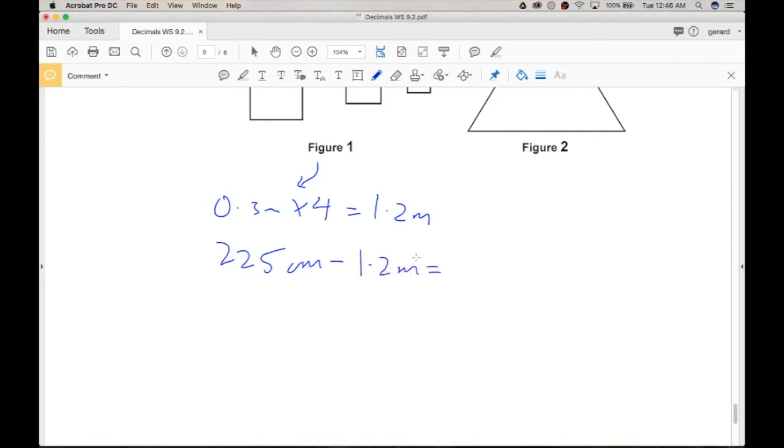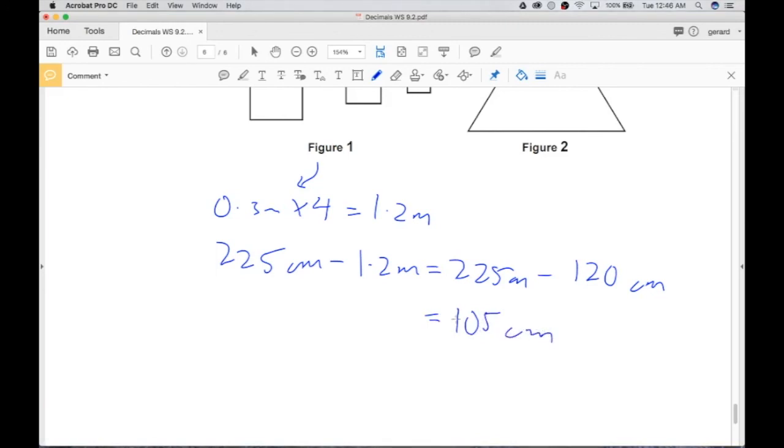Now we have to do a bit of conversion here. So we keep the cm, we convert the meters by multiplying it by 100. Shift 1 time, shift 2 times. Now here we'll get 105 cm.